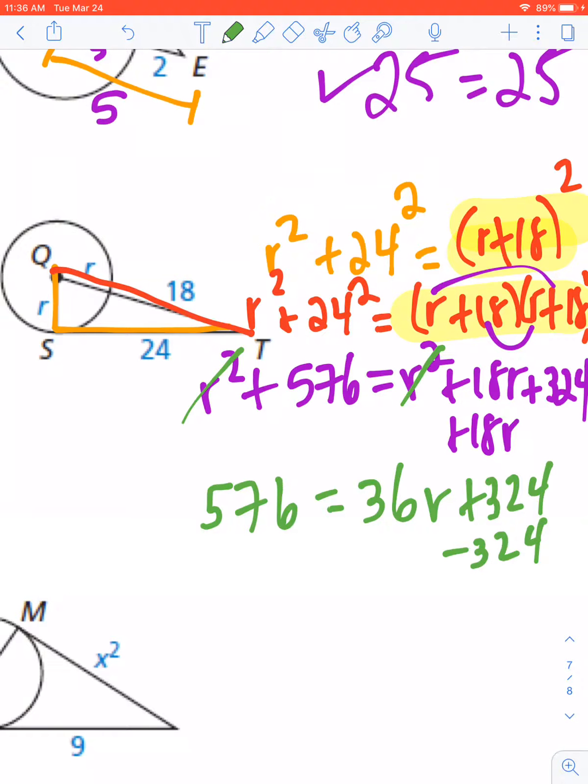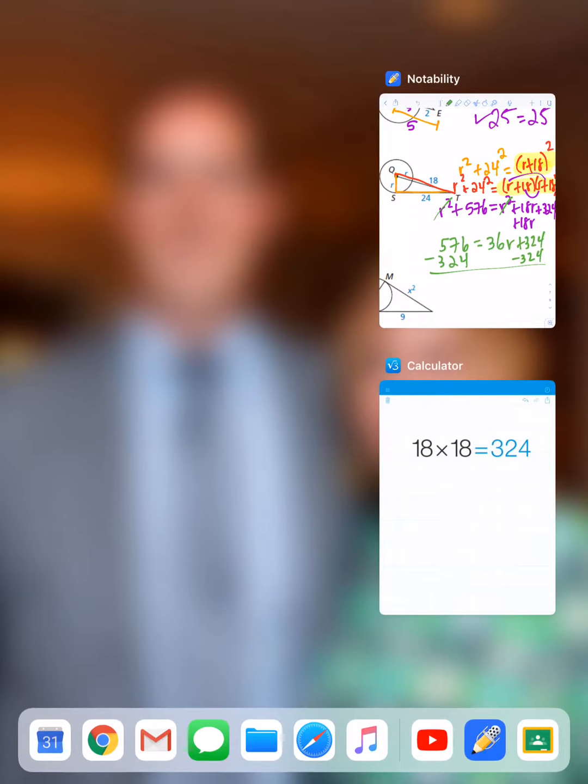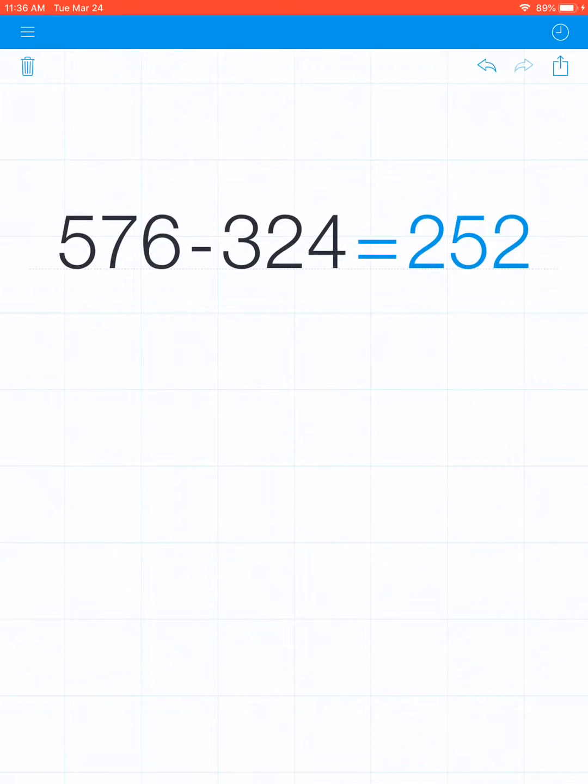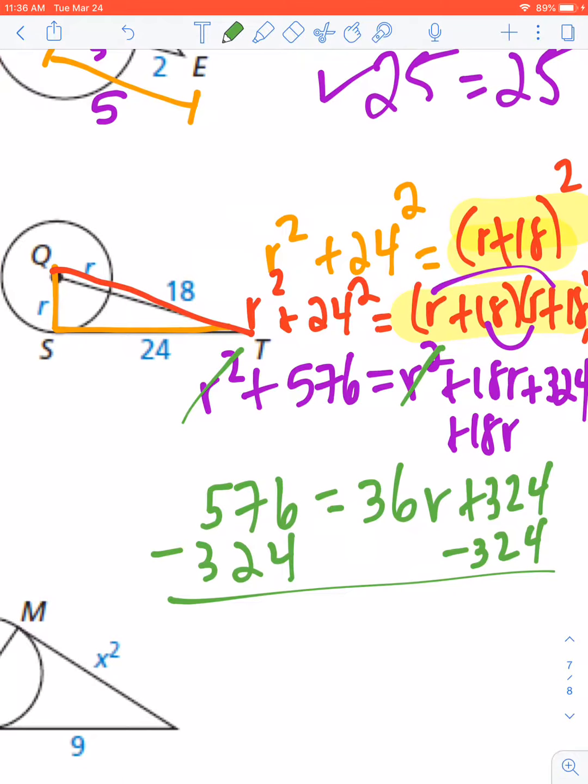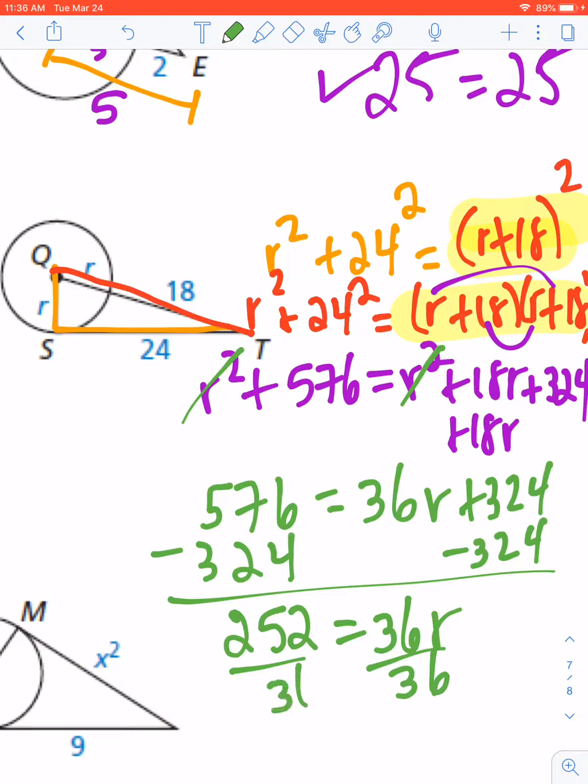I'm going to subtract 324 from both sides. So 576 minus 324 gives me 252. Divide both sides by 36.